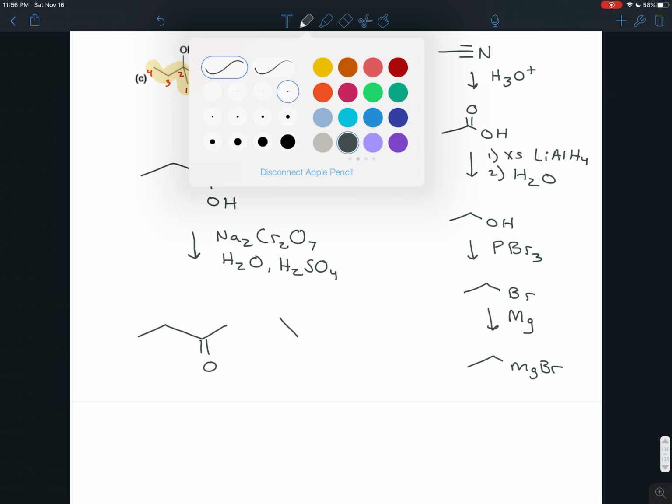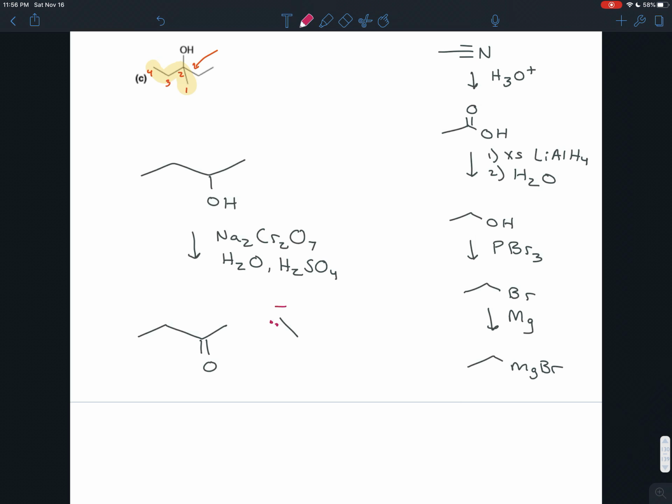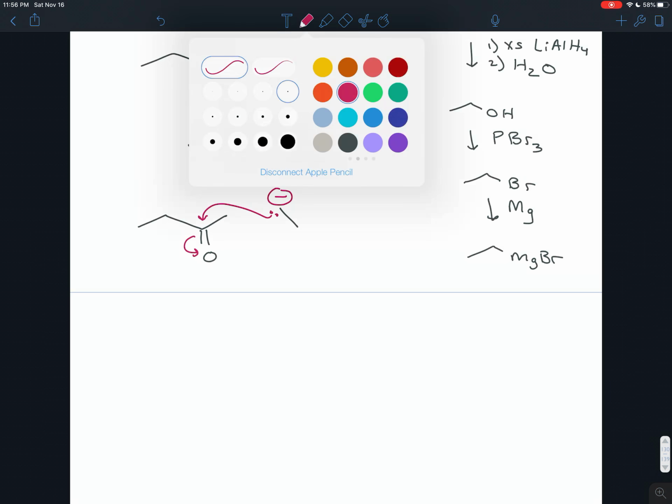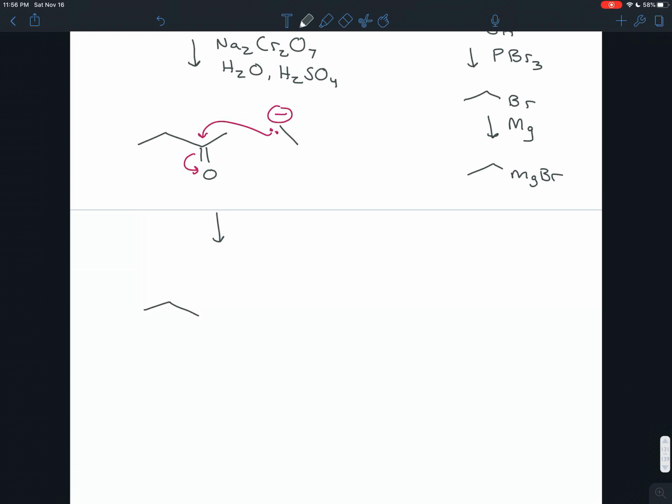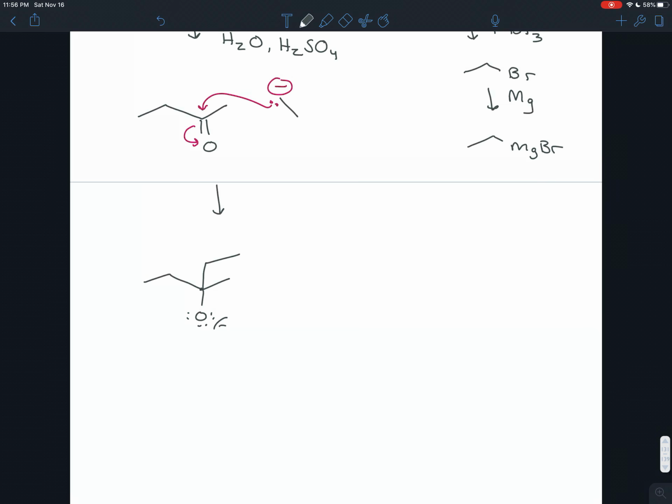The 2 carbons, one of them will act as the nucleophile, this one here. That would attack the carbonyl and break the pi bond. And what you'd have there is this molecule here. And you just have to stabilize that negative charge by doing a proton transfer from water.